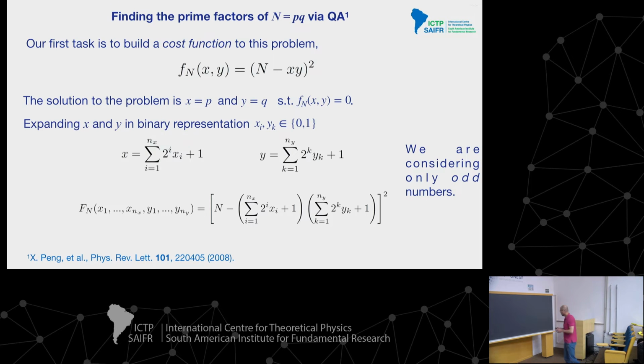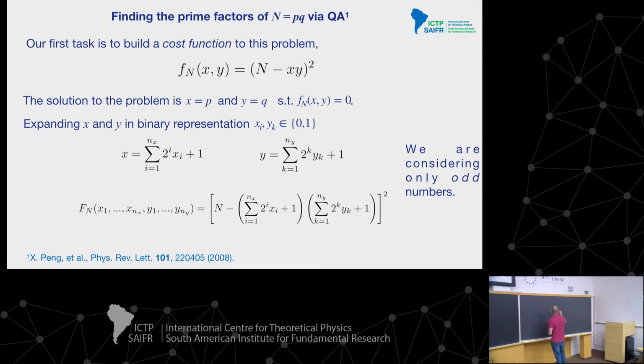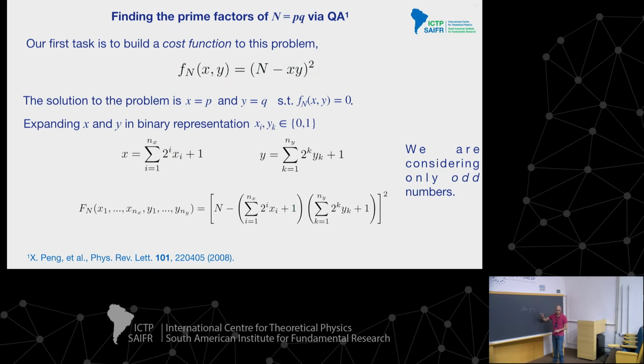What's the goal of factoring? Yesterday, we saw that if you have an integer number n, this number can be written as the product of two prime numbers, p and q. So the idea is, given n, what are p and q? That's the question.